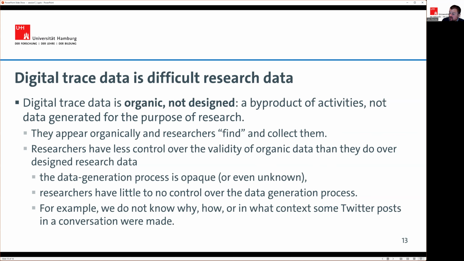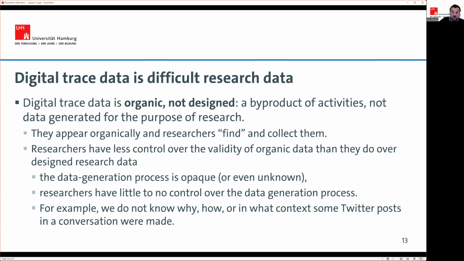It is not data generated for the purpose of research. So when I run a survey, I design the instrument and thereby I design the data that I'll collect. If I do a qualitative study and I go with an interview protocol and maybe a logbook where I try to write down my observations of people, I am designing, I'm constructing this research for the data for the purpose of research. This is not the case with digital trace data.